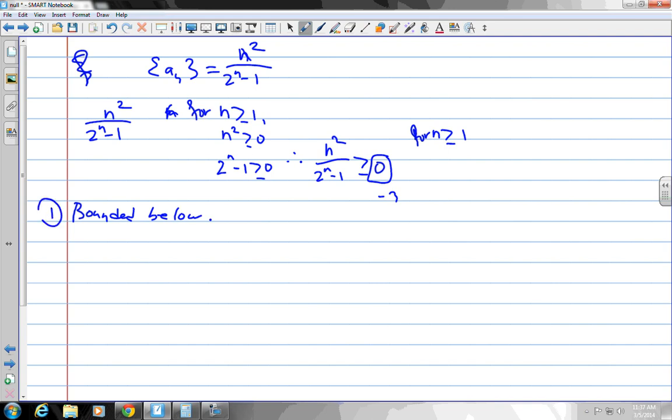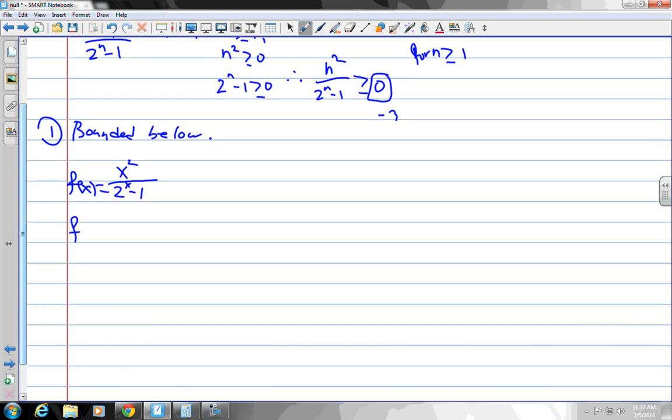Now, to show that it's decreasing or increasing, take the derivative. So f of x equals x squared over 2 to the x minus 1. Let's take a derivative of that. What's the derivative? The denominator is 2 to the x minus 1, squared. I have to use the quotient rule now.